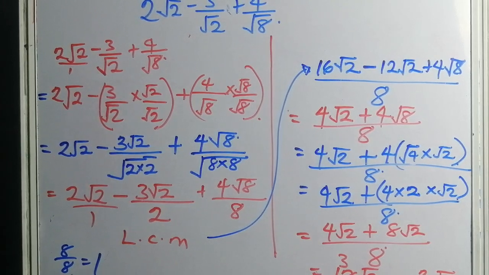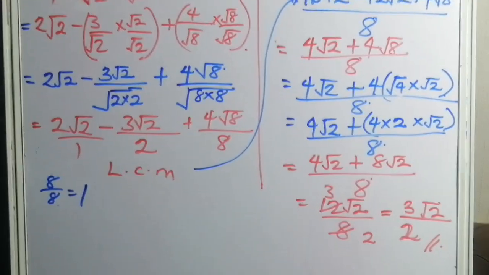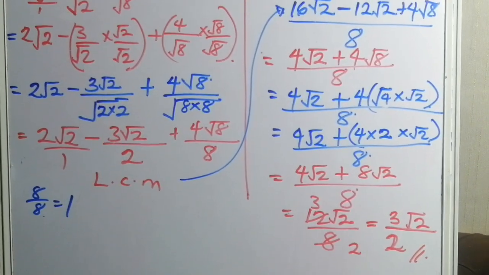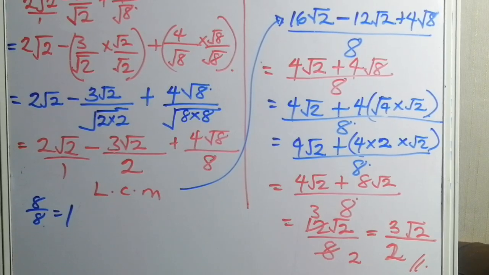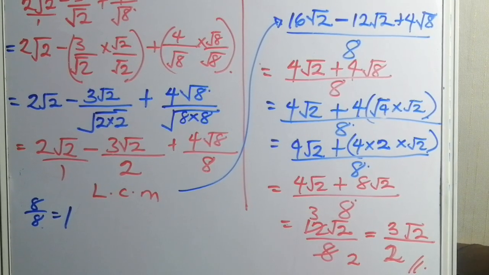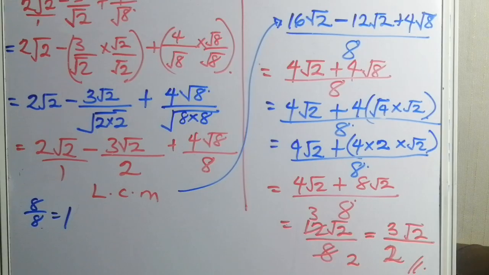So it's very, very simple. What you just need to do is just understand the law of surd. You can only add or subtract when the same value reflects inside that square root. Okay, 4 root 2 plus 8 root 2 over 8. It means that they both have root 2 and root 2.